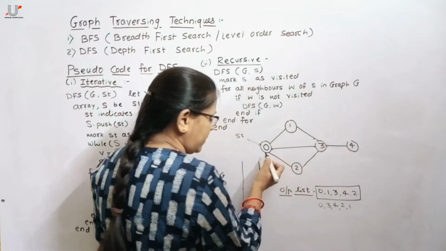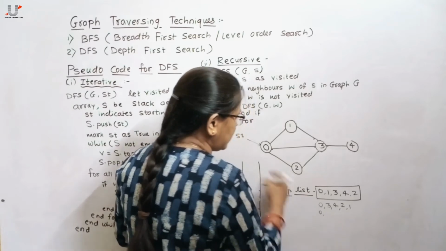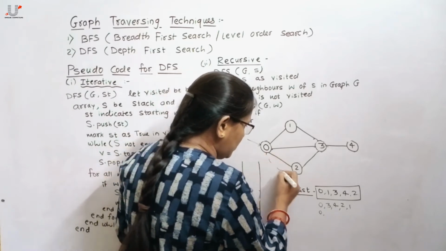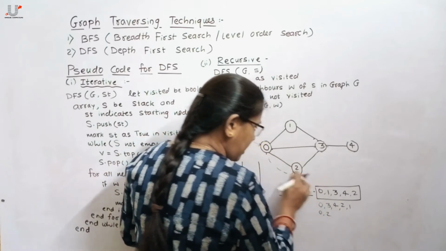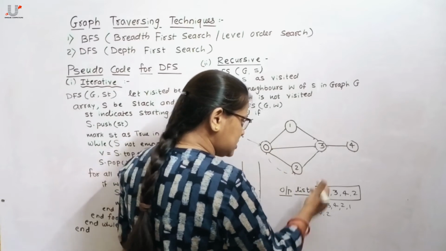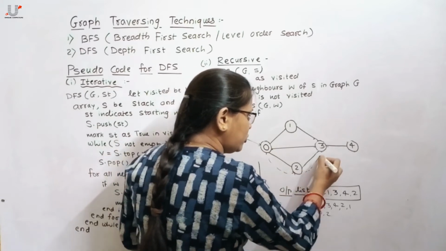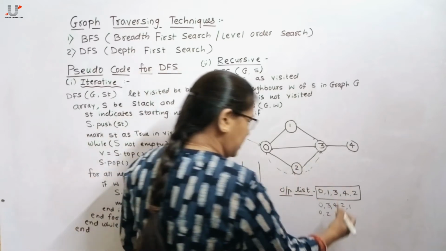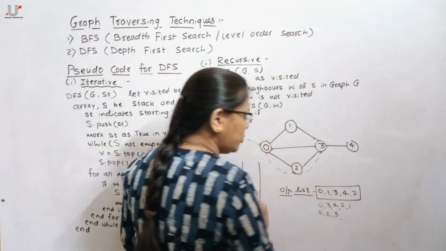The third one is, if we choose again 0 as a starting vertex, then from 0 we move to 2. The unvisited adjacent node of this 2 is, as 0 has already been processed, don't process it again, move to 3. It's an unvisited adjacent for this 2, so add that 3 to the output list.